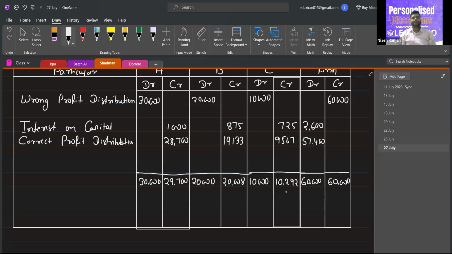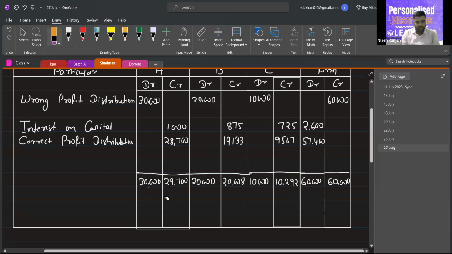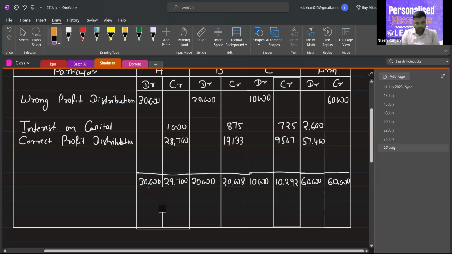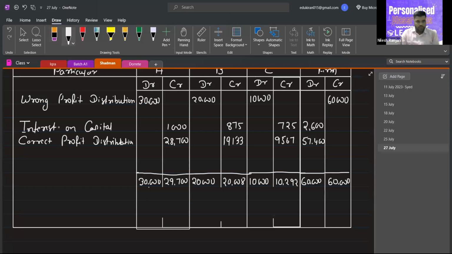Now we will compare debit and credit side of each partner. You can see on the debit side it is 30,000 and on the credit side it is 29,700. Now we will calculate the difference, that is 300.